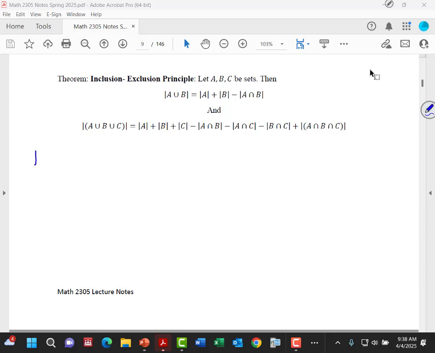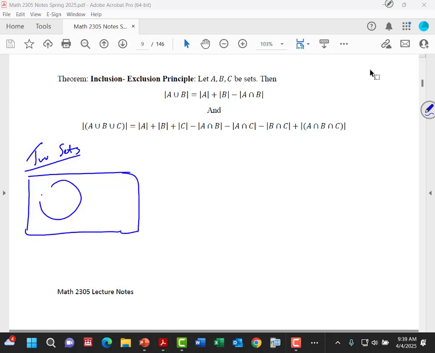So for two sets, what might this Venn diagram look like? So I have set A, I have set B. And so what this is saying is the union A or B equals the number of items in A plus the number of items in B. And if I notice in this Venn diagram right here, I've double counted or I've overlapped the intersection.